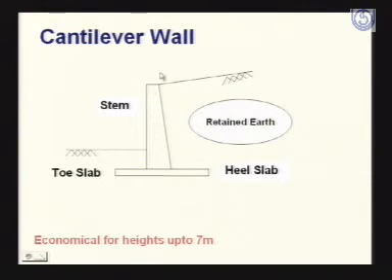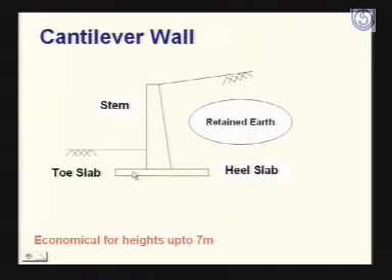This vertical arm, as I told you, is the stem, and this whole of the wall behaves as a one-way cantilever slab. This vertical arm or the stem behaves as a vertical cantilever under the pressure of this retained earth.